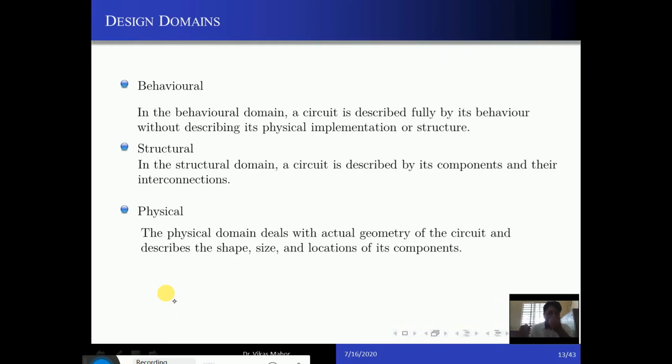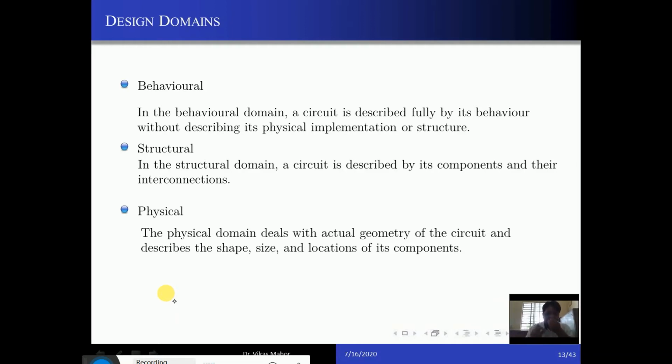What will you do in the structural domain? In the structural domain, you will make the structure of that IC: what is the number of transistors, where specific transistors will be placed on an IC, and what are the connections between those transistors. That is known as the structural domain.